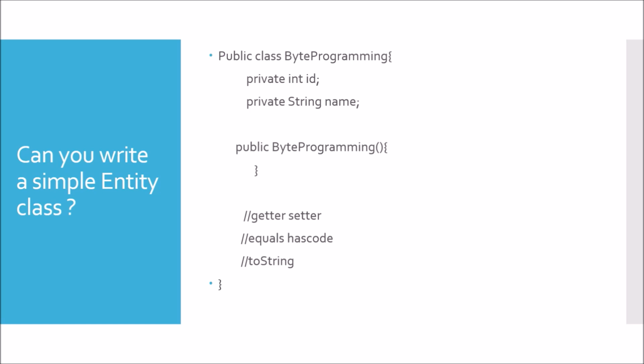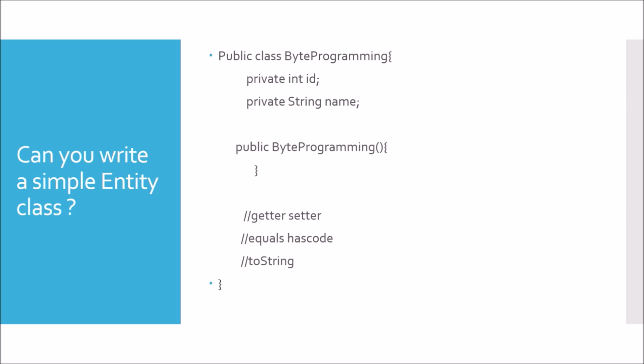If you look at this class, it contains only two fields. But in a real-time project, a class generally contains at least 7 to 8 fields. Just imagine a class having 7 to 8 fields with getters and setters for each field, plus equals and hashCode with all the fields, and toString with all the fields.